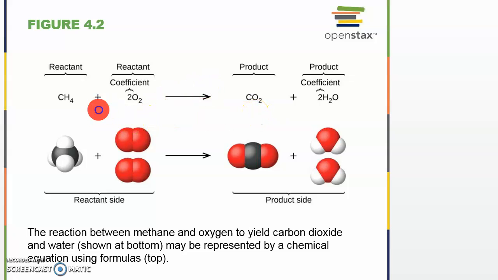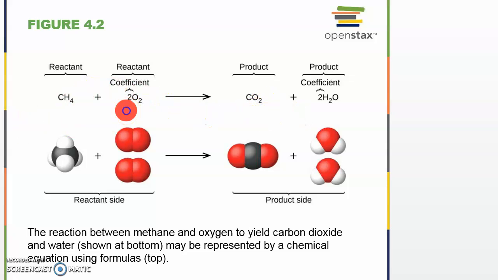There is a plus sign over here, and a plus sign over here. It separates individual reactant and product formulas. The arrow over here separates the reactants and the products.